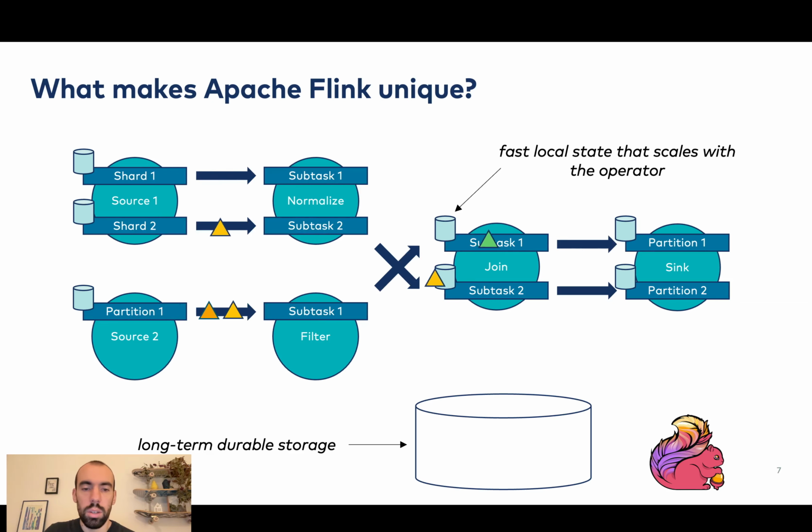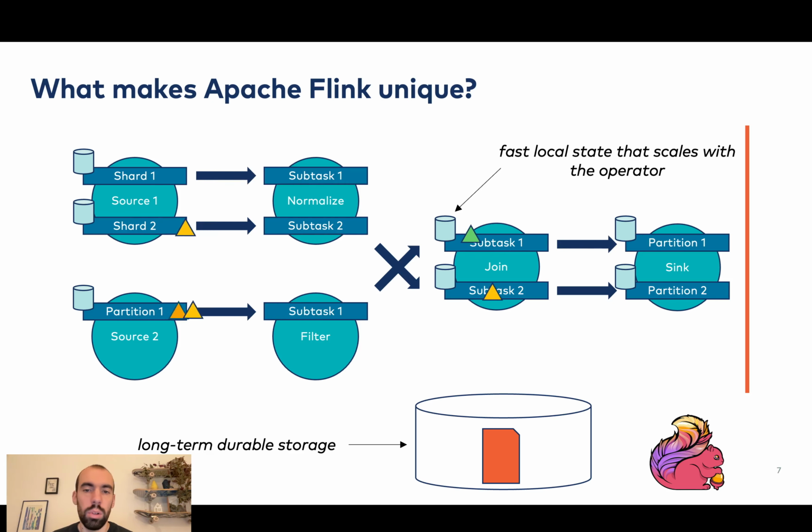And now comes the important thing that is required when state is involved. How can we actually make a snapshot of our entire topology? Flink is able to basically scan the whole streaming topology and store all the state involved in all the operators into a durable long-term storage.